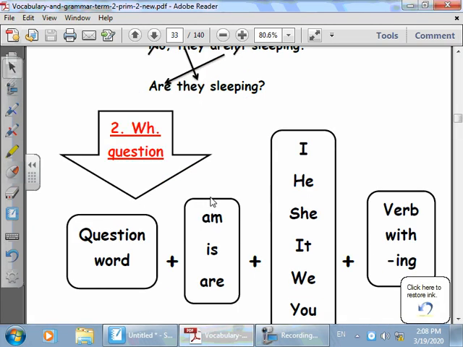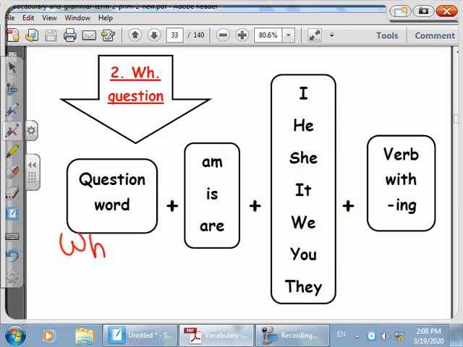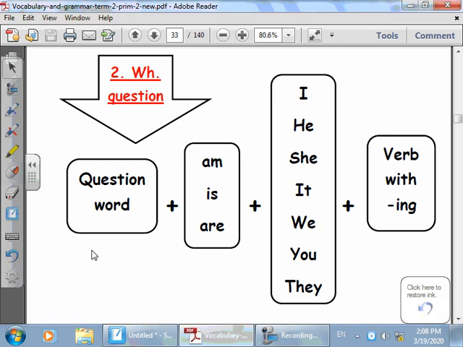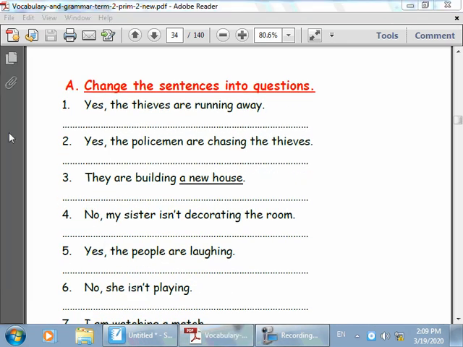The next type of question is the WH question. WH question means to put any question word like when, who, where, what. What, and then is or are, and then pronoun, verb with ing. Let's see here an example. Change the sentence into question.